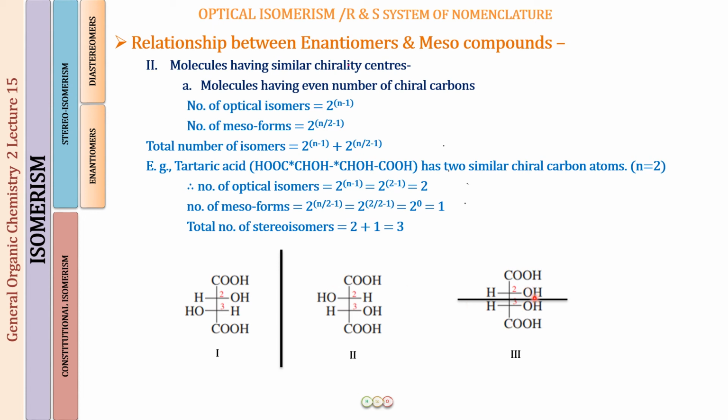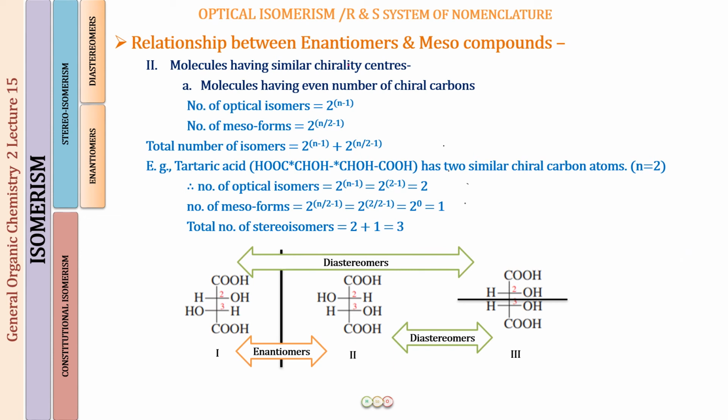Okay, and this compound is the mesoform where we have a plane of symmetry present in the molecule. So 1 and 2 are enantiomers. 2 and 3 or 1 and 3 are going to form a pair of diastereomers. Okay, and the compound which you have not seen over here is going to be the mirror image compound of this, and that is going to be an identical structure.